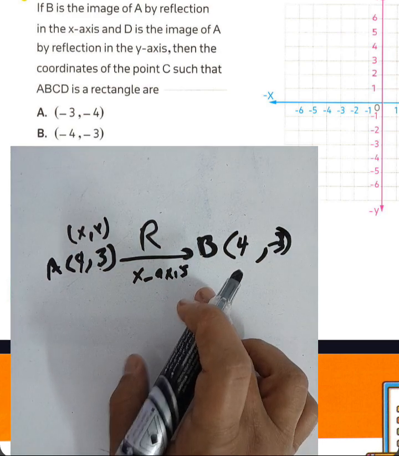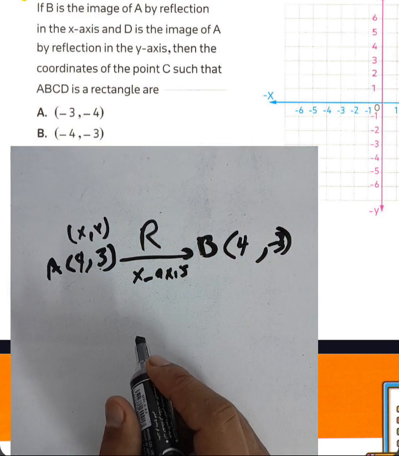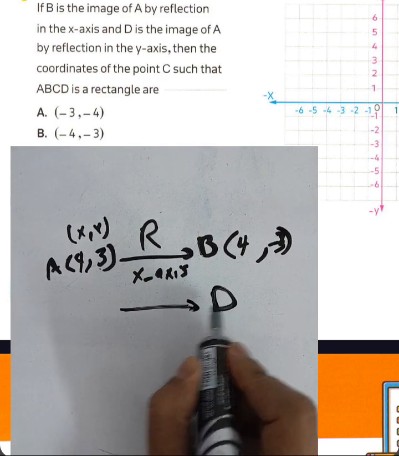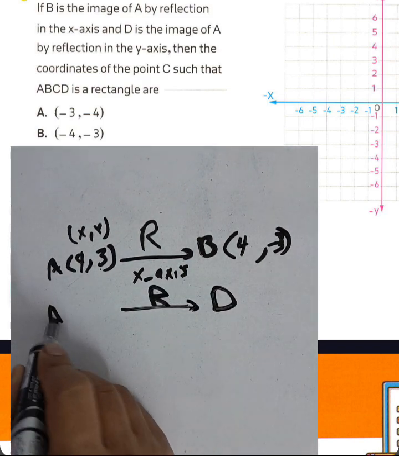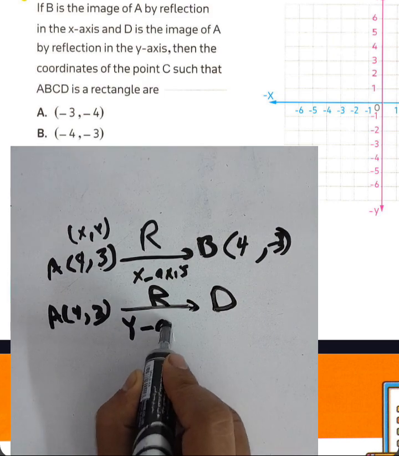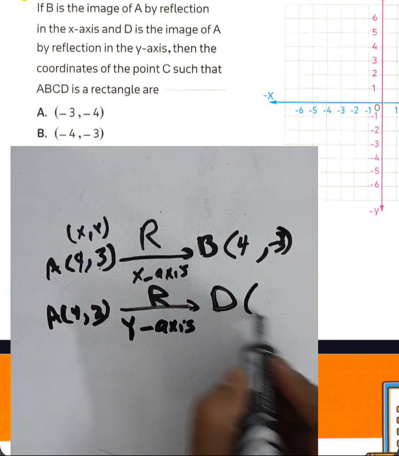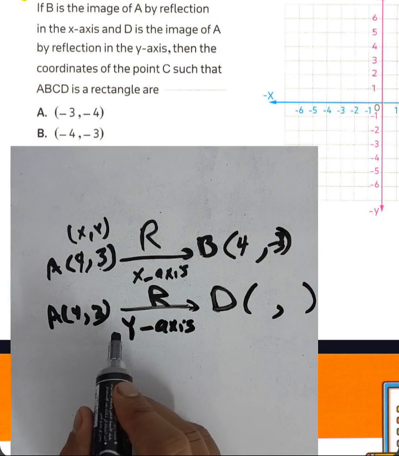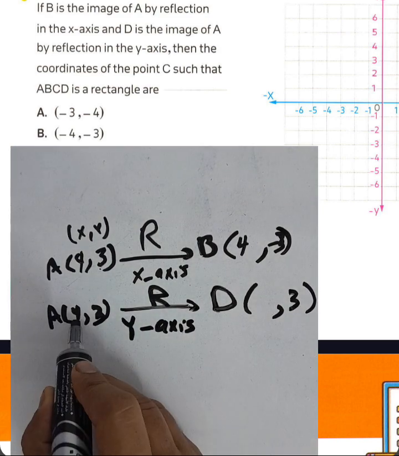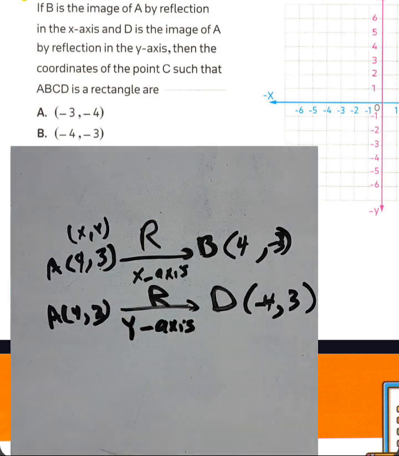Okay, and he tells us D is the reflection of A. D is the reflection of the point A, (4, 3), in the y-axis. Okay, reflection about the y-axis, what does it mean? Put y here and just change the sign of x.